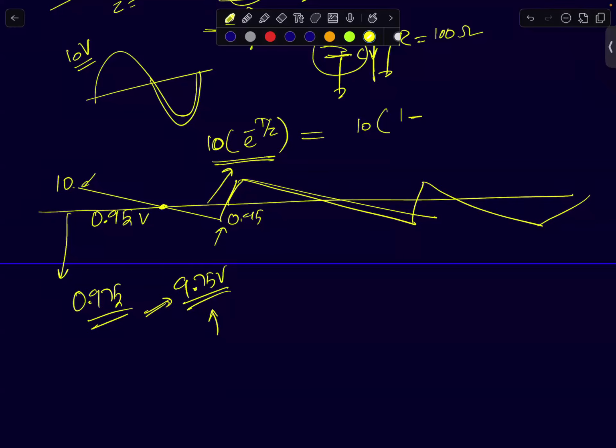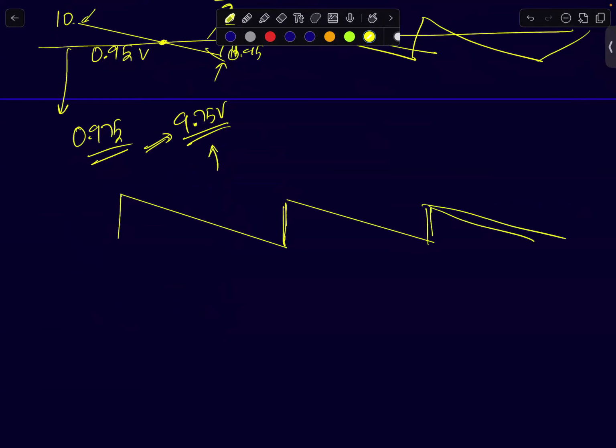So if you have a waveform like this, then the average value will be equal to the average of these two max and min values. So that is 9.75 divided by R, the average current drawn through the diode. That's it.